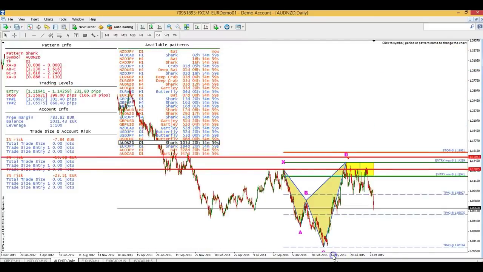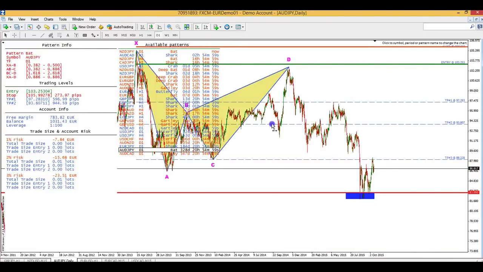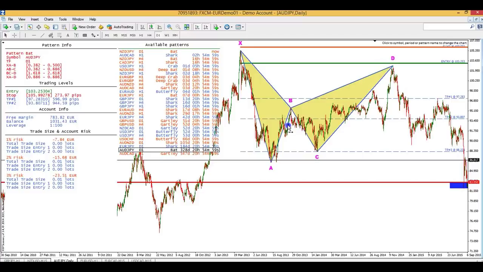But that's what you would look for. That is the ideal setup that you would look for. Again, this is a nice setup right here. This is beautiful because you have this strong resistance zone, and it hits it, boom. And also you'd look at your own market analysis for this trade.